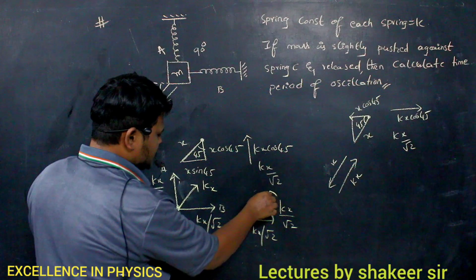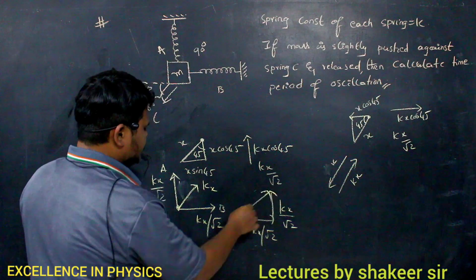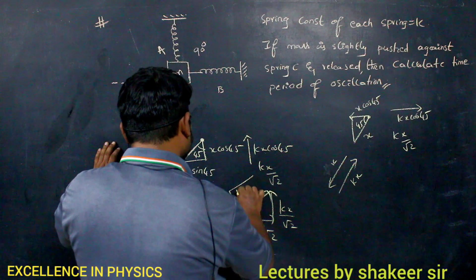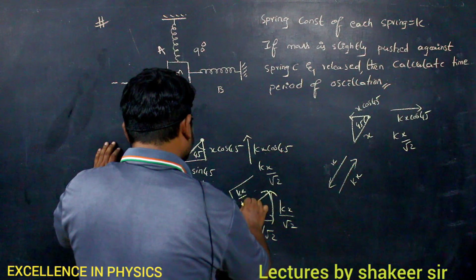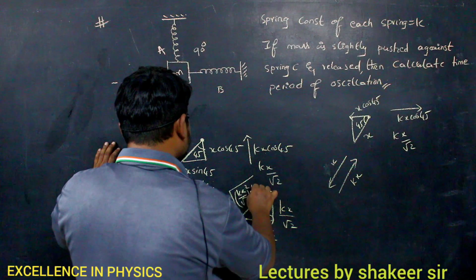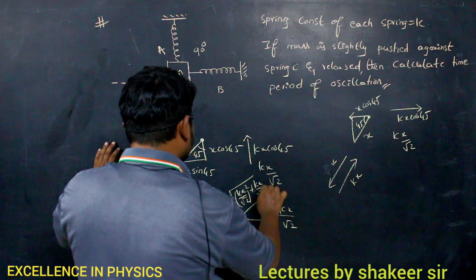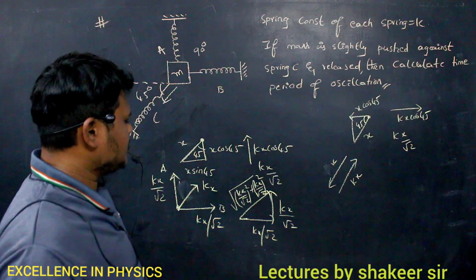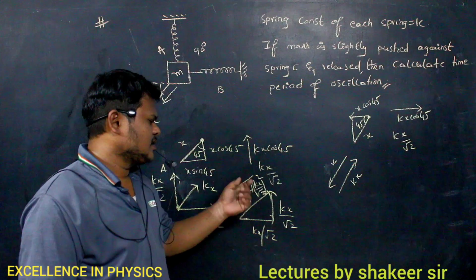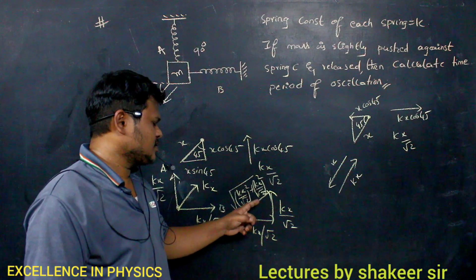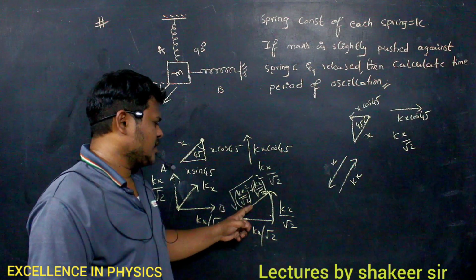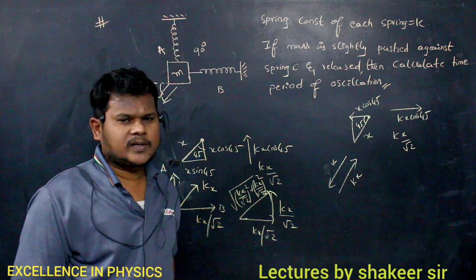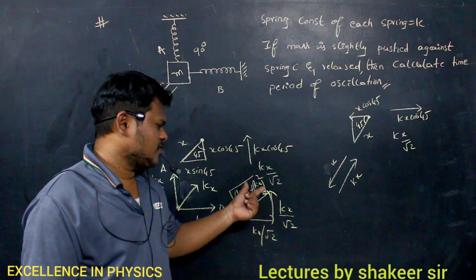So this is the total restoring force produced because of only A and B, which equals the square root of (kx divided by root 2) whole square plus (kx divided by root 2) whole square. It will be how much? (kx) whole square divided by 2 plus (kx) whole square divided by 2 will be the root of (kx) whole square. So therefore it will be equal to kx.